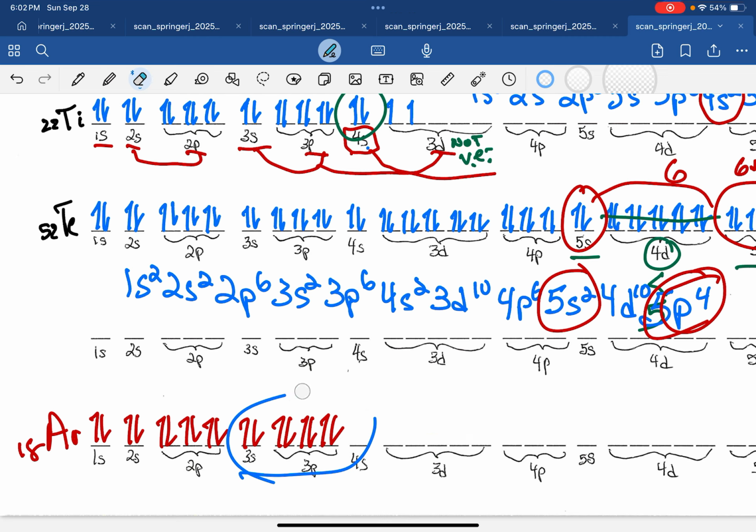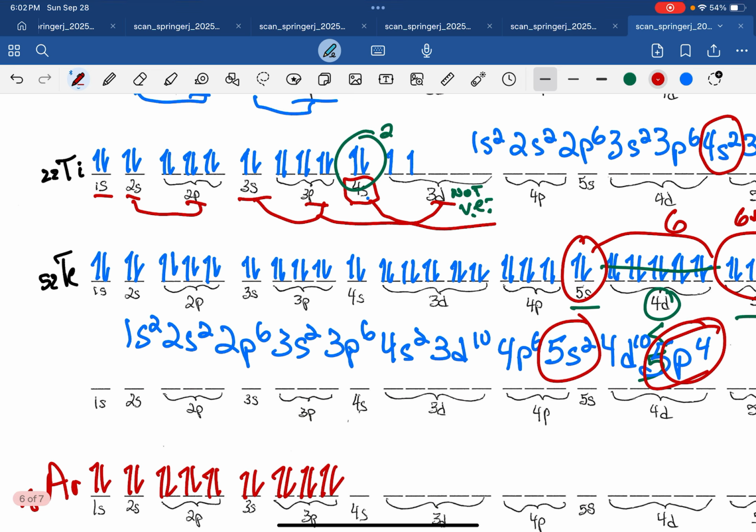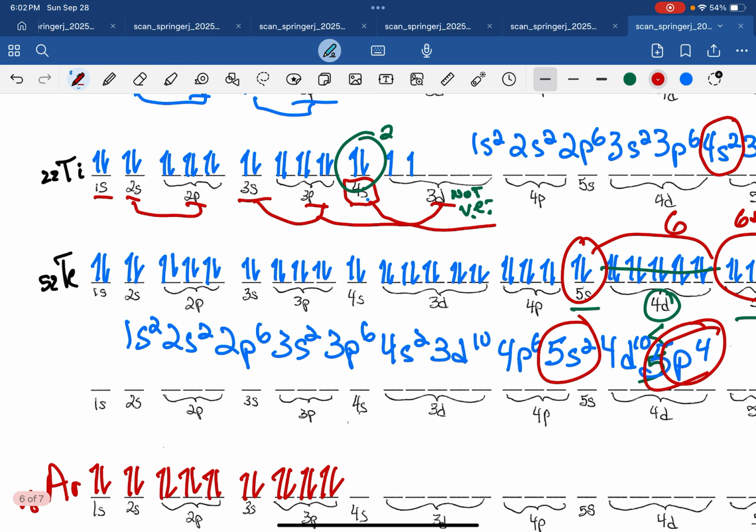So, with that being the case, where was I going with that? You can see here in the titanium example that right here is the same as the electron configuration for argon.